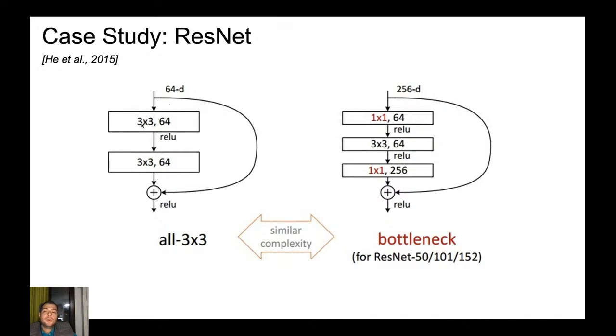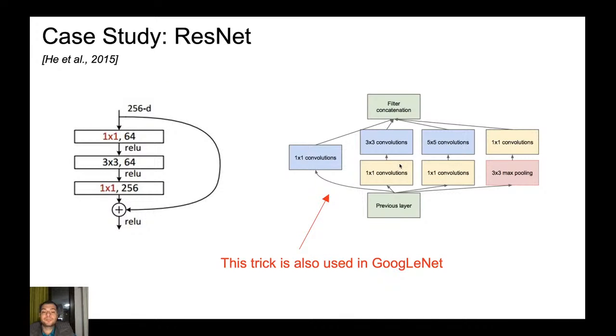So these two convolutional layers are replaced with 3 convolutional layers, and these have 1x1 spatial size. So this reduces the number of parameters that are learned, and this trick was actually borrowed from GoogleNet. So GoogleNet has the same idea implemented in the inception modules.